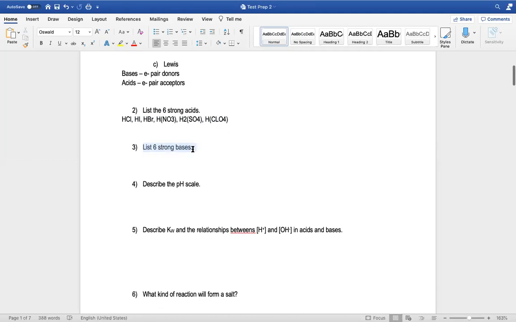All right, so now we have 6 strong bases. There's more than that. I think there was 7 or 8. But what are the 6 strong bases that you can think of? KOH. That's one of them.